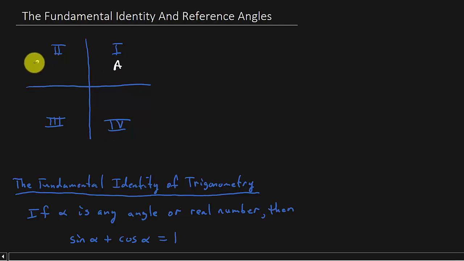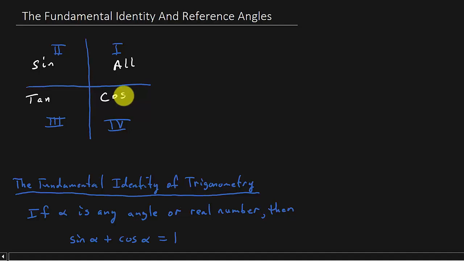All students take calculus. So here all of the trig functions are positive in the first quadrant. In the second quadrant, only the sine. In the third quadrant, tangent. In the fourth quadrant, cosine.